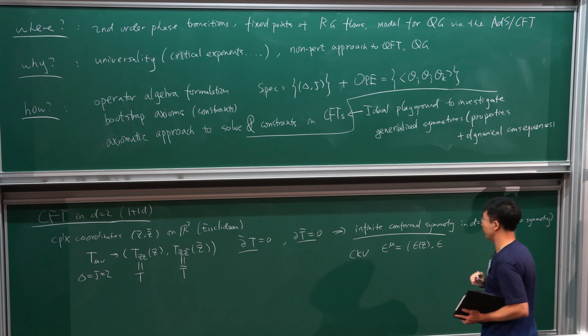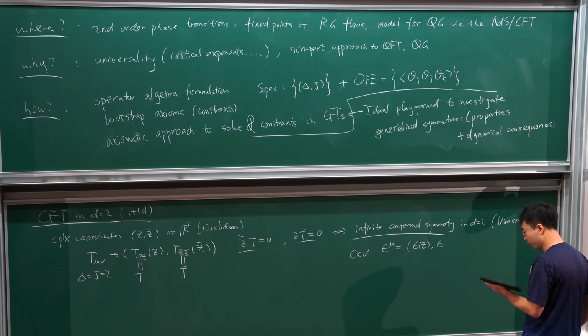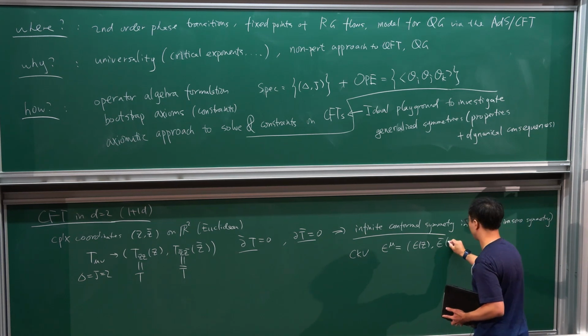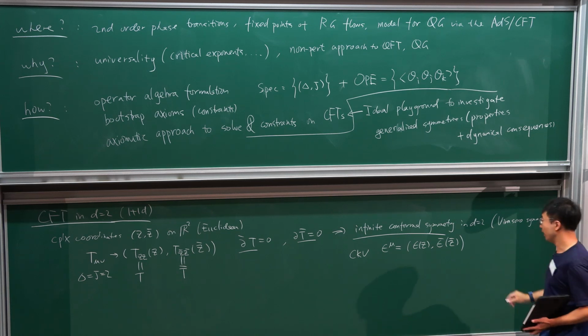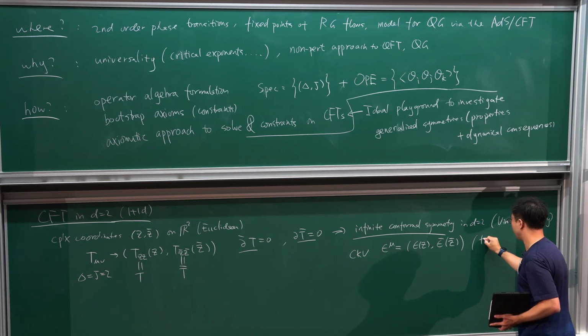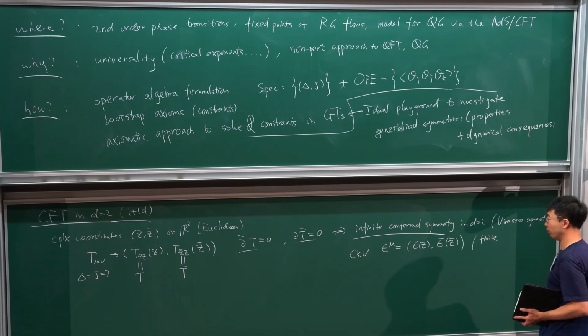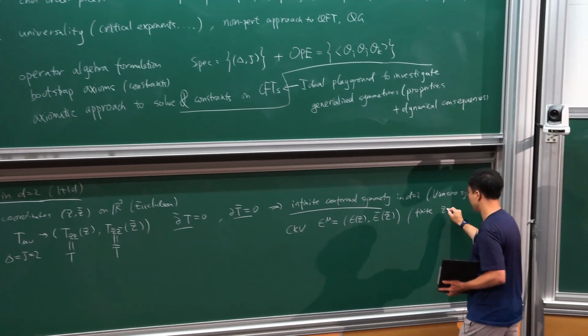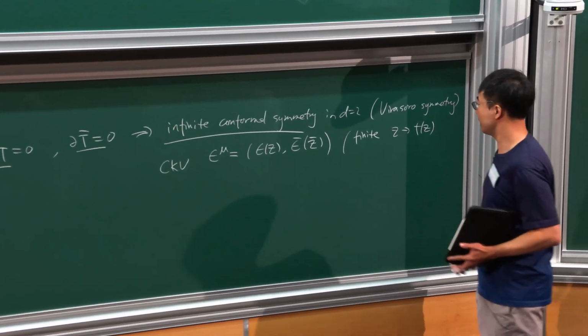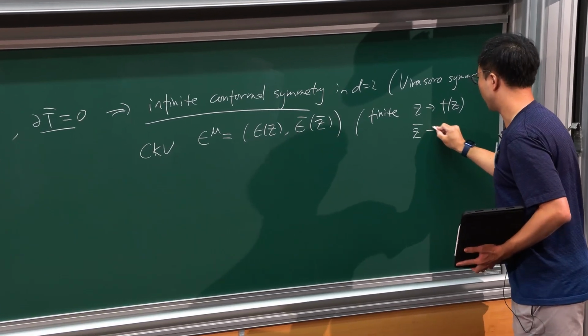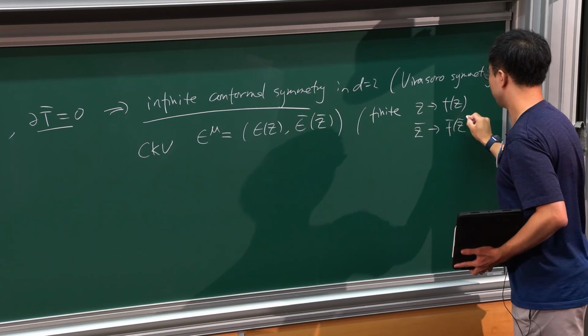They can be arbitrary functions. The holomorphic component can be an arbitrary function of z, and the anti-holomorphic component can be an arbitrary function of z bar. Okay, and they generate at finite level the following conformal transformations that send z to a holomorphic function of z, and z bar to an anti-holomorphic function of z bar.